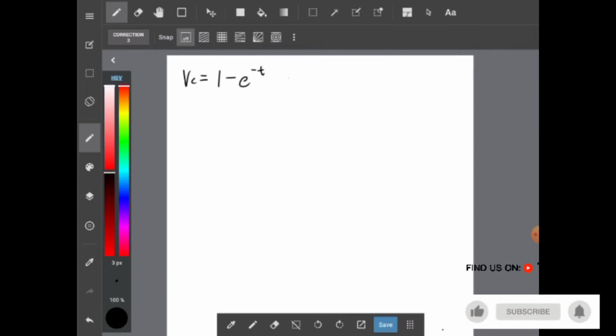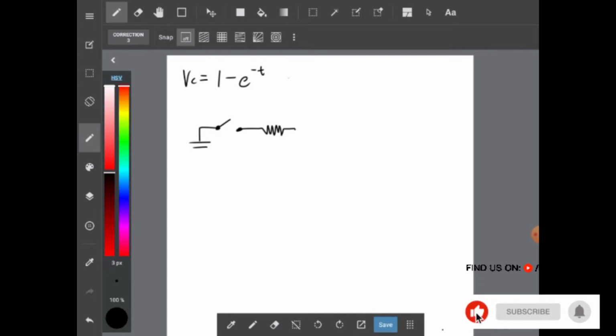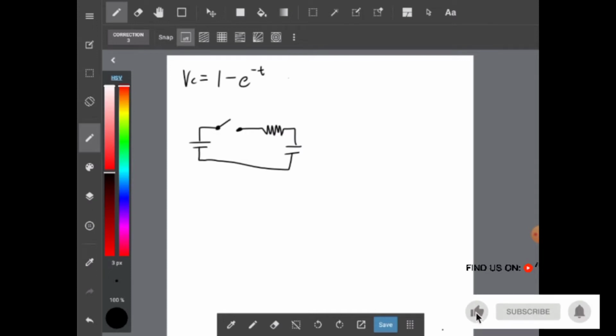Okay, so I will be making a sample diagram. Here's the battery, here's the switch, the resistor, the capacitor, and back to the battery. Let's assume that the battery has 10 volts.